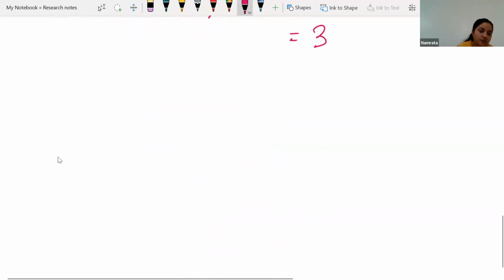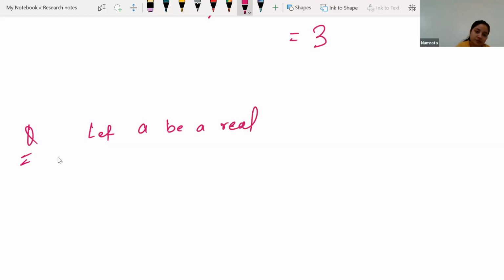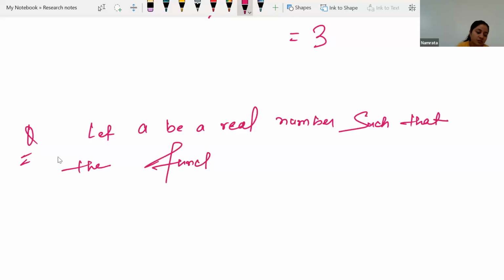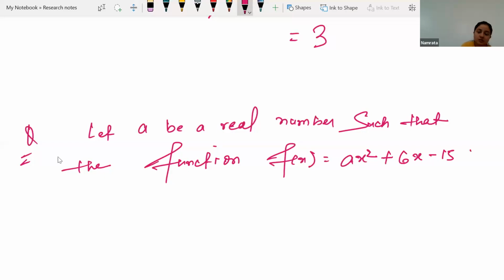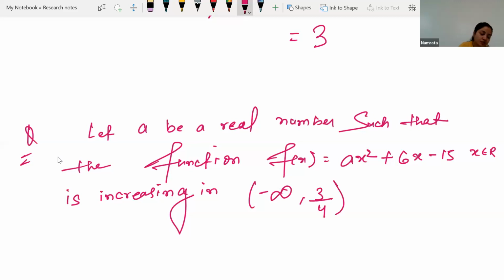Okay, so the next question is: let a be a real number such that the function f of x is equal to ax square plus 6x minus 15, x belongs to R, is increasing in this interval and decreasing in this interval.